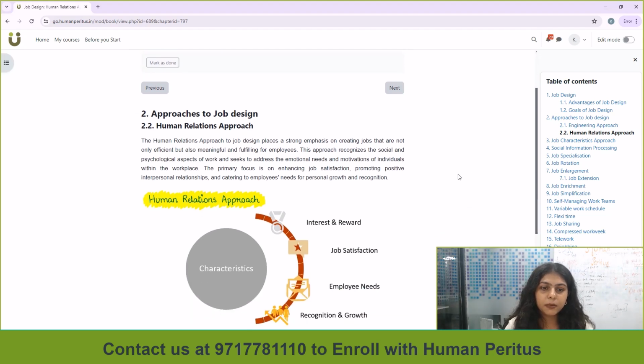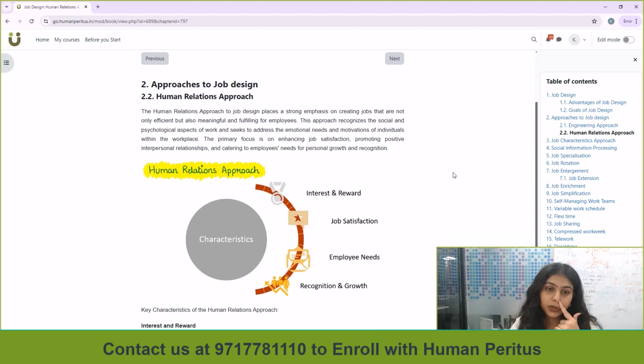Now, the HR approach, as clear from the name, was more about the employees and their socio-psychological needs, and it involved job rotation and a lot of teamwork. It valued employee involvement a lot more than the previous one did. So decisions were made while thinking of the employees, and including them in the decision making process.